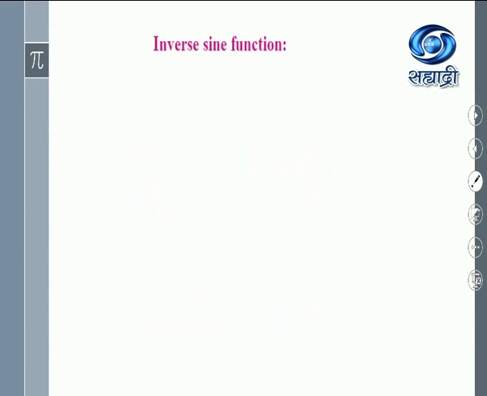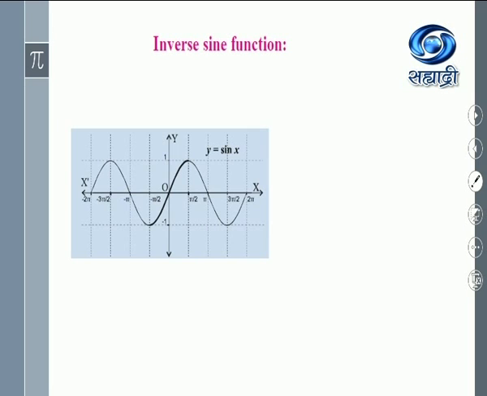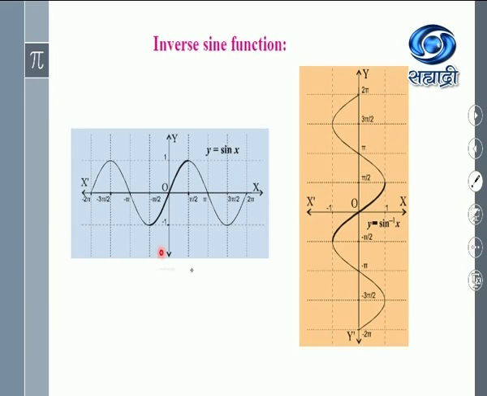Clear idea? Now let us see the graph of the inverse function. This is for y equals sine x, and this is the graph for y equals sine inverse x. Now see, what is the range here for this function? The range is the closed interval -1 to 1. Here that becomes the domain, -1 to 1.